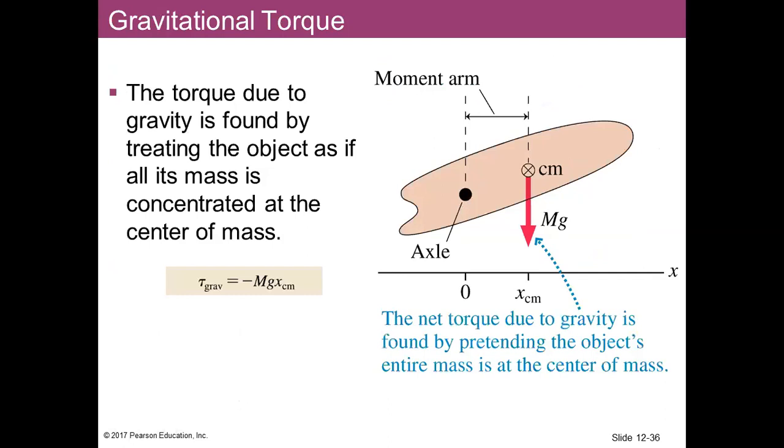The torque due to gravity is found by treating the object as if all its mass is concentrated at the center of mass. So then we have the torque here due to gravity. And if you hold this point, you'll see that this causes a clockwise rotation about this point. That's why the torque due to gravity is negative.